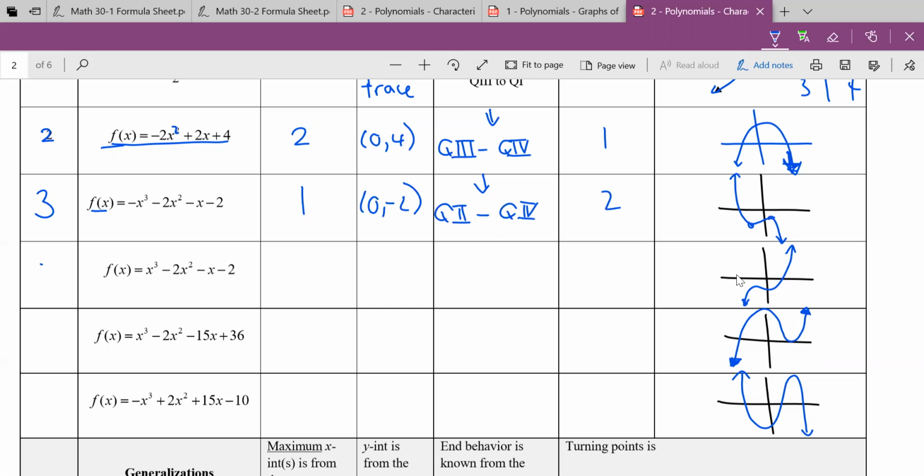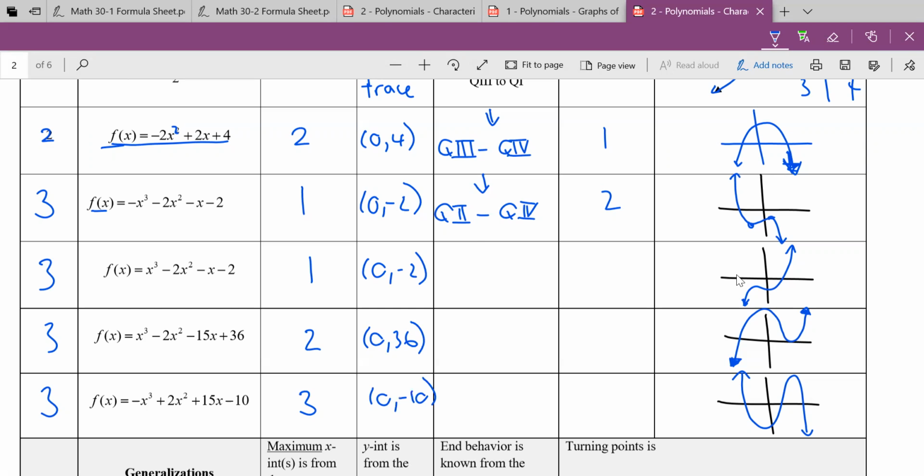Okay, let's keep going. The degree of each of these is 3, so we can speed that up a little bit. How many x-intercepts? 1, 2, 3. So that's interesting. Our degree 3s have 3 different possibilities for the number of intercepts. The constant term, or y-intercept, I find again just by hitting my trace button.